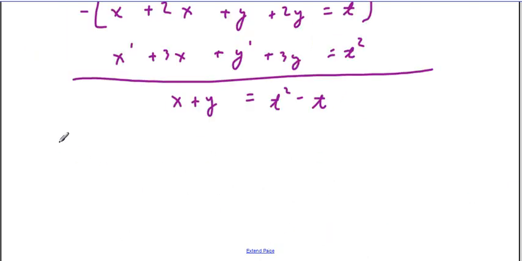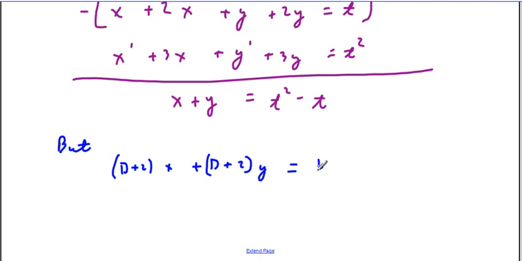But the problem is, if I take D plus 2 of x plus D plus 2 of y, I get the derivative of x plus y plus 2 times x plus y. Well, that doesn't seem like much of anything, but over here I have x plus y is this.